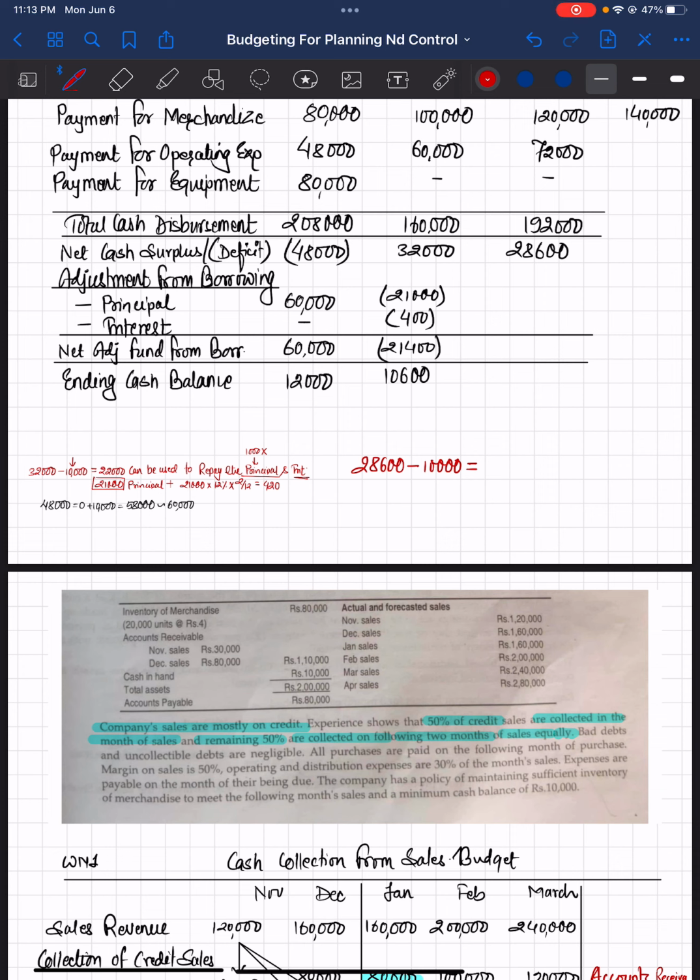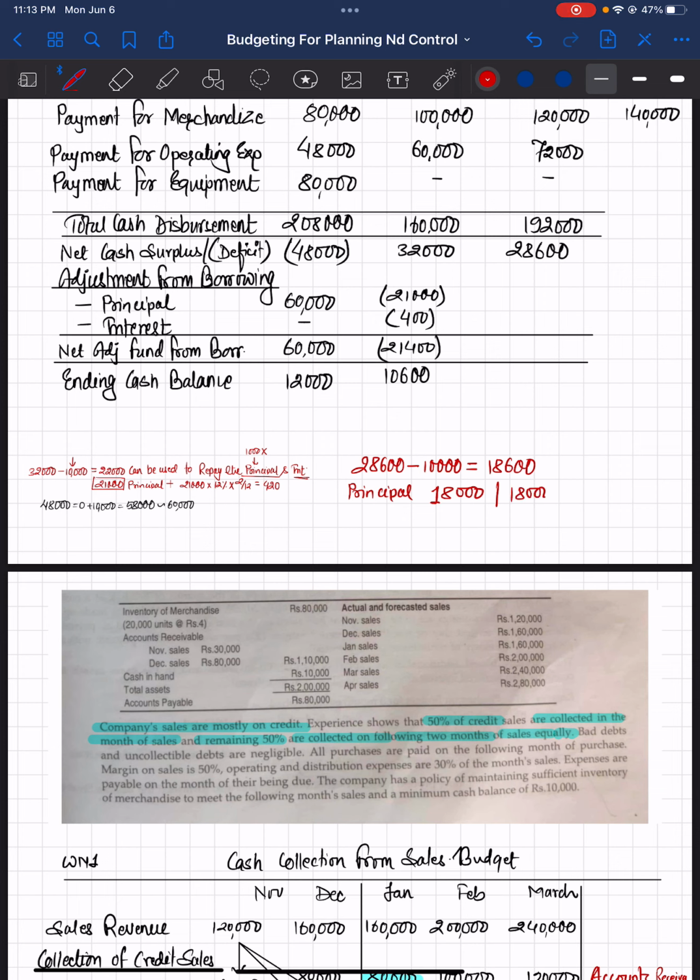So if we get this 10,000 out of this, we have 18,600 left with us that can be used to repay the interest and loan. So let's first of all try with the nearest multiple of 1,000 for the repayment of the principal. So that can be 18,000. And let's try to figure out if this 18,000 is what we can pay as a principal, and the 600 would be good enough to pay the interest for this 18,000.